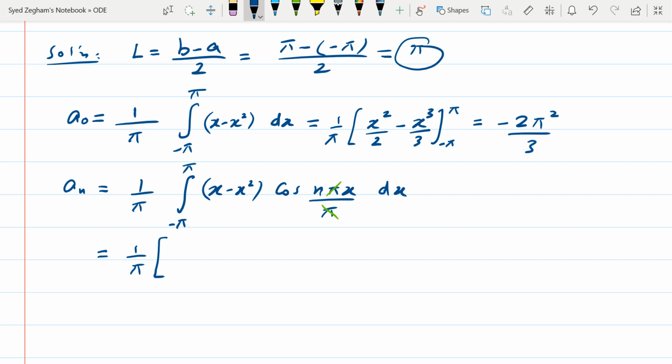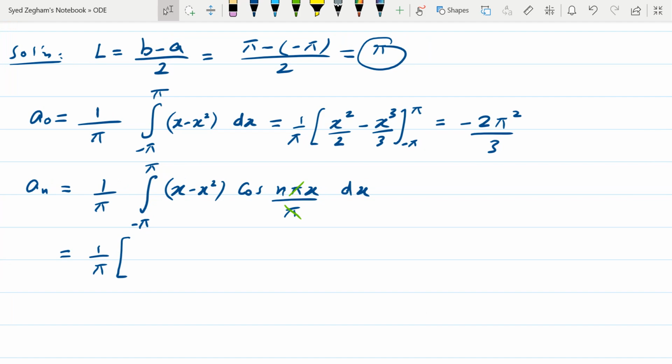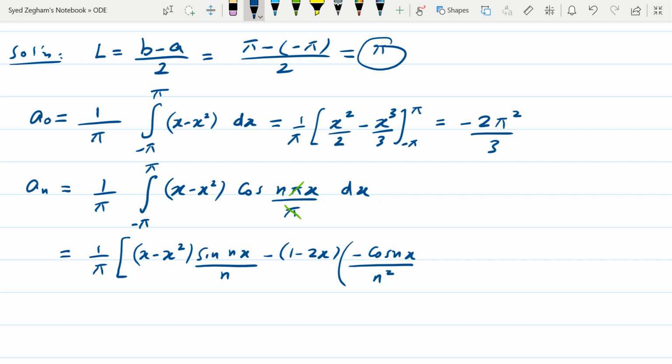So this integral will become (x minus x square) sine nx divided by n, minus (1 minus 2x) multiplied by minus cosine nx divided by n square, and the third term will be minus 2 multiplied by minus sine nx divided by n power 3, over the limits minus pi to plus pi.